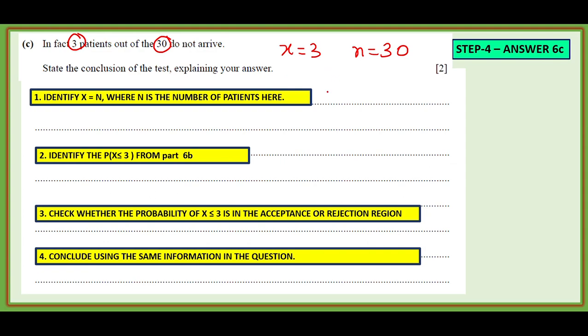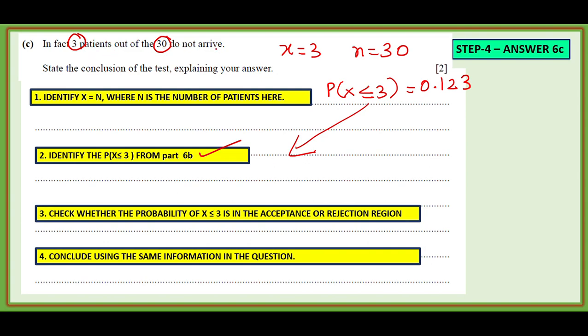We have the probability of x less than or equal to 3 as 0.123. From the second part we can take this value: the probability of x less than or equal to 3 is 0.123.